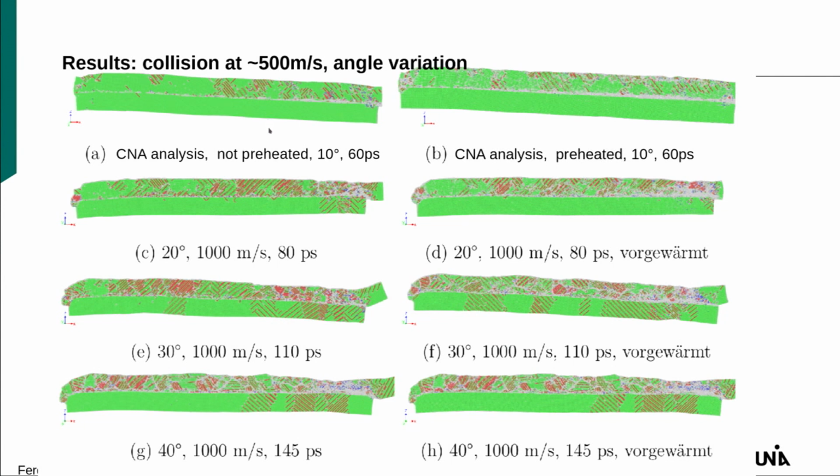So I'm wondering what was, this was not preheated and preheated here under different angles. This is 10 degrees, 20 degrees, 30 degrees, and so on. After some time, what you see here, already here, is such a gray region which could not be indexed by the CNA analysis.